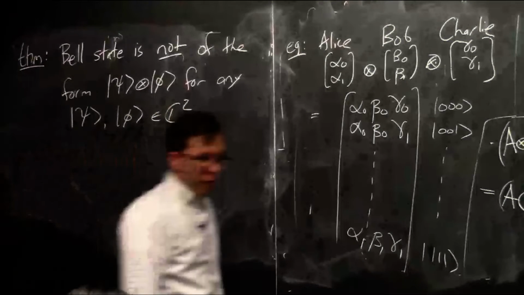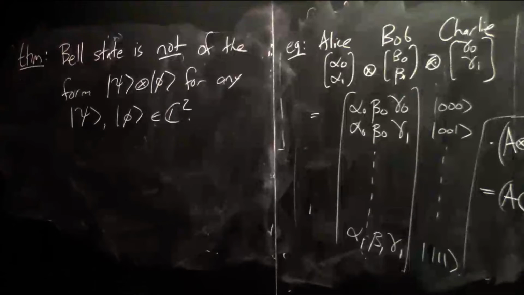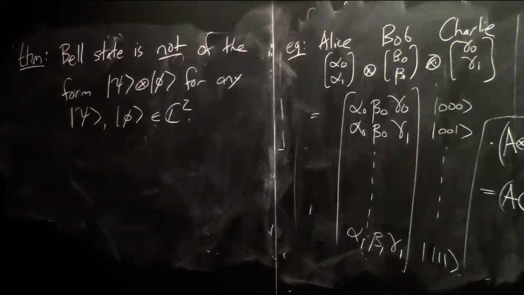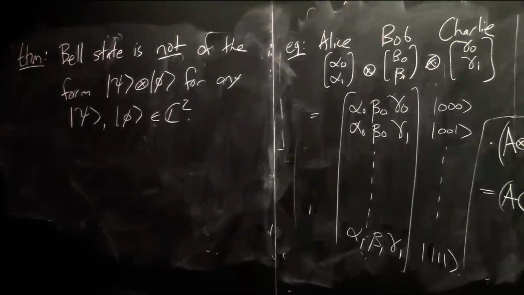Okay, so how do you think about this? It says that this state cannot arise by taking 2 totally separate particles in their own qubit states, bringing them together and just calling this a joint state. In other words, the only way this state can arise is if these particles somehow interacted at some point.